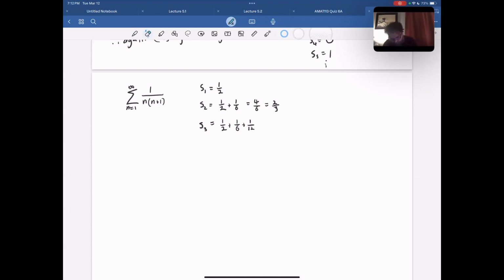And let me actually run that out for you. So it's going to be 4/6 plus 1/12. Oh, sorry. Going to be equal to 8/12 plus 1/12, or 9/12, which is 3/4.